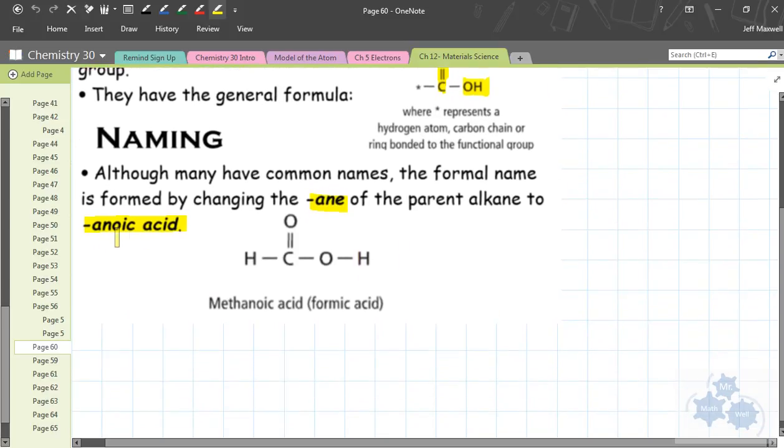Anyway, so we'll change that name to anoic acid. So one carbon is methane, and we take off the end, and really we don't take off the whole ane because an is still on there, but they add it here. So methanoic acid, and its common name is formic acid.